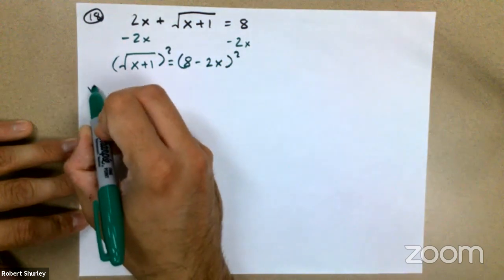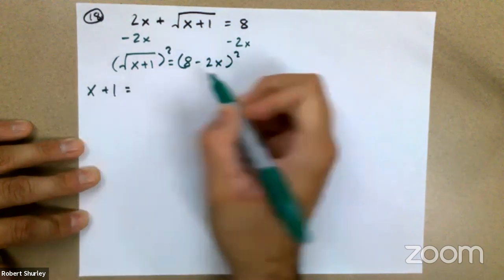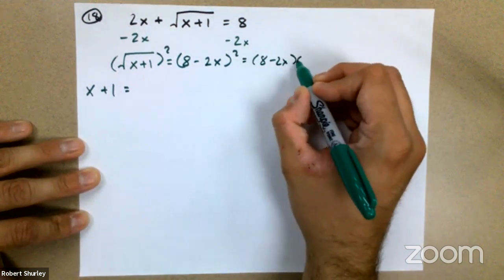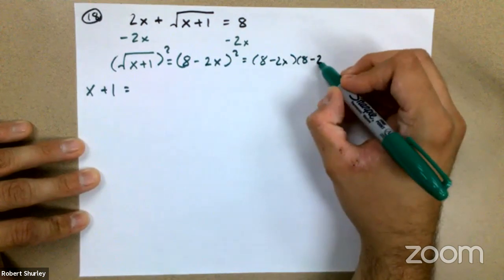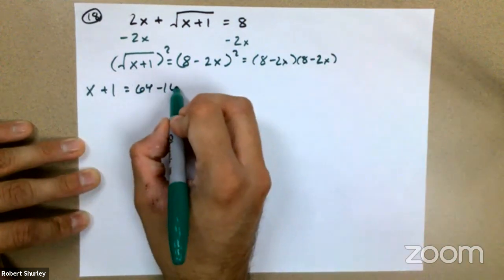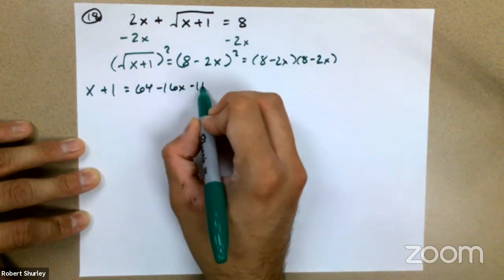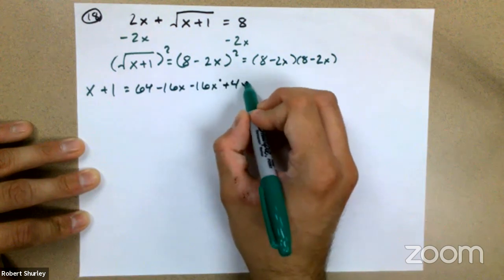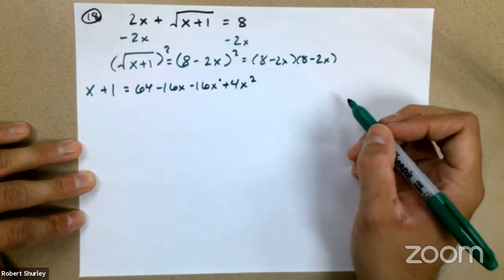So on the left, I wind up with x plus 1, right? Because that's nice, it goes away. On the right, I need to think of this as 8 minus 2x times 8 minus 2x. So I wind up with 64 minus 16x minus 16x, and then plus 4x squared, right?